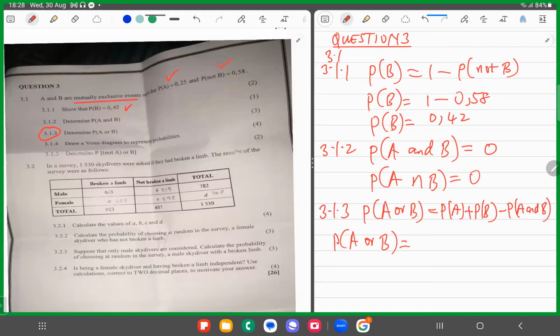The probability of A or B is written like that, the probability of A plus the probability of B minus the probability of A and B.